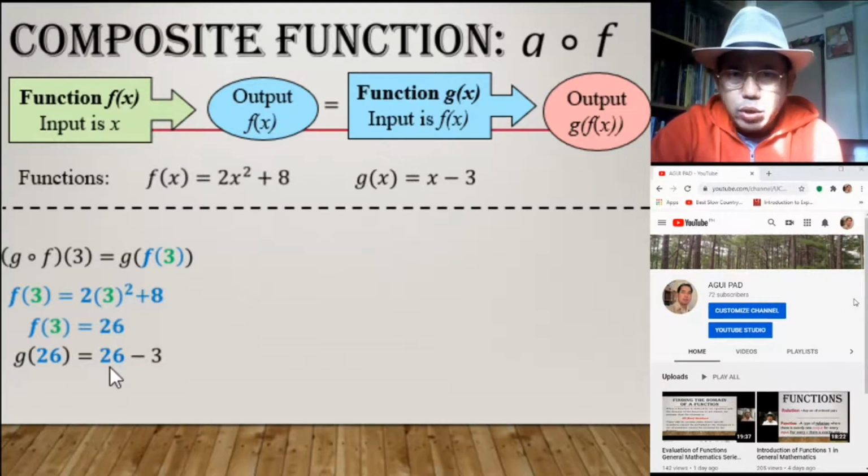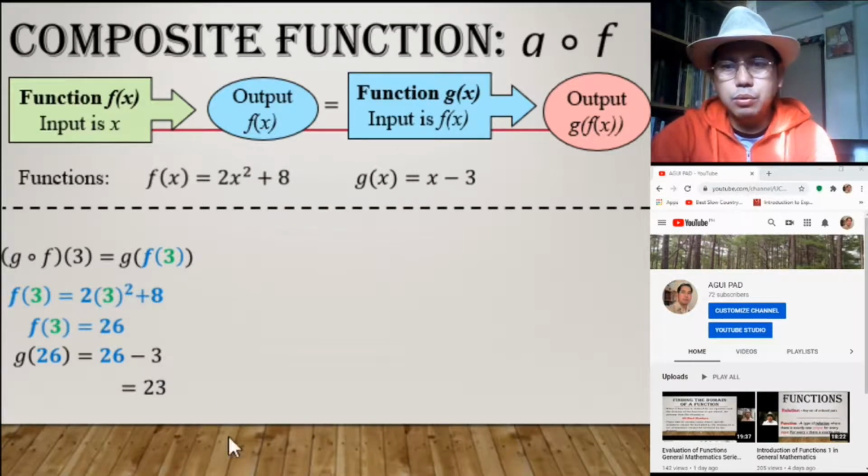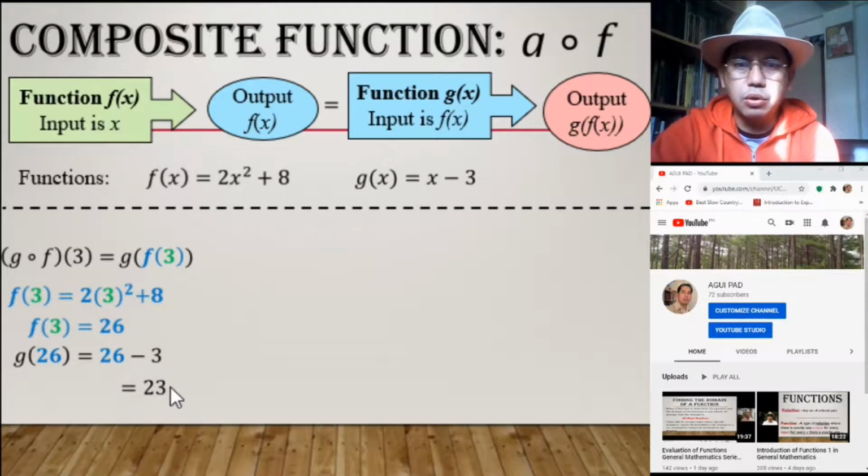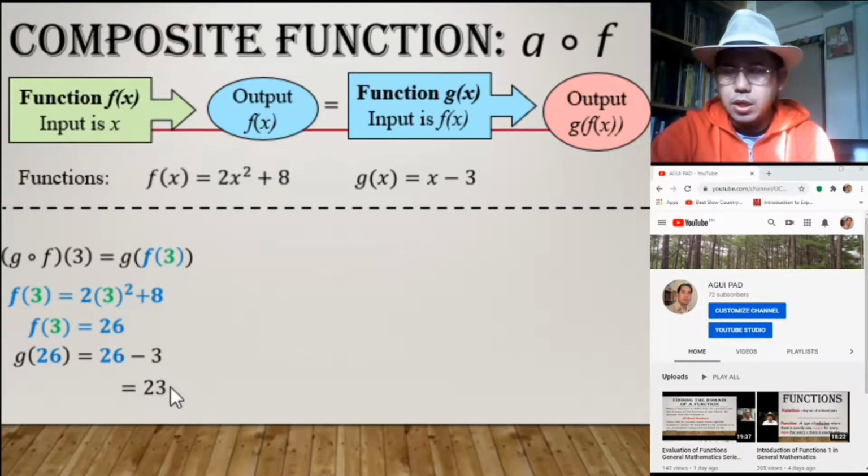Now how is this 26 minus 3? This 26 minus 3 is actually this one, the second function g of x, which is x minus 3. We just replace the x in here using the result, which is 26. So g of 26 is equal to 26 minus 3 will give you 23. And so that is the result of the composition of the function.